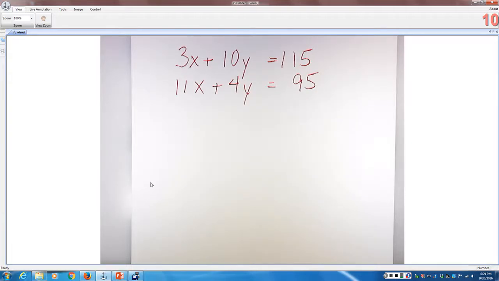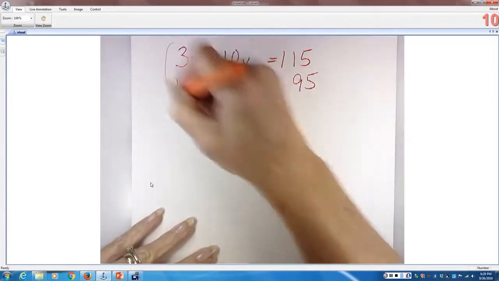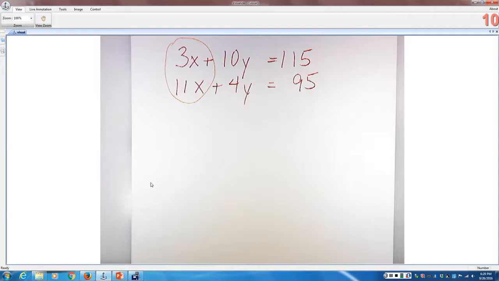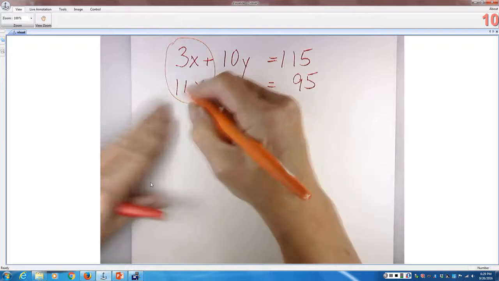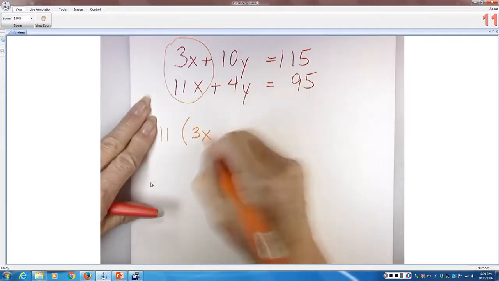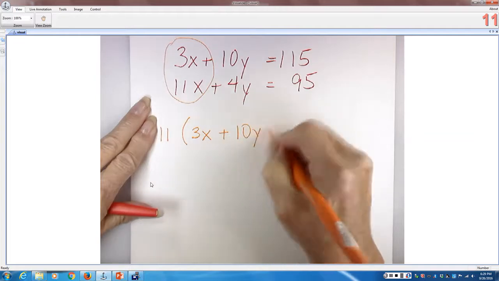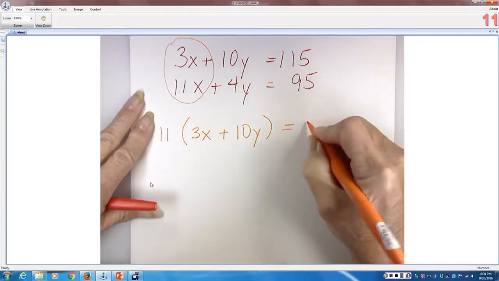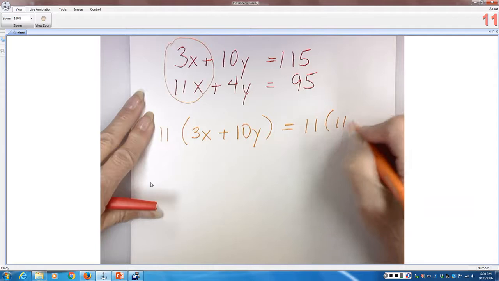Our goal here is to turn the coefficients of the x terms into opposites, so they'll cancel each other out. Okay? So I'm going to take the 11, and I'm going to multiply it times 3x plus 10y equals 11 times 115.